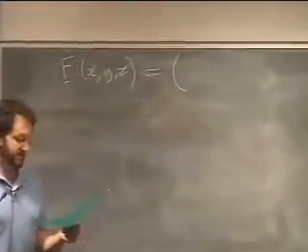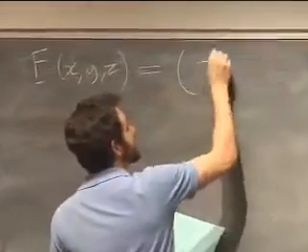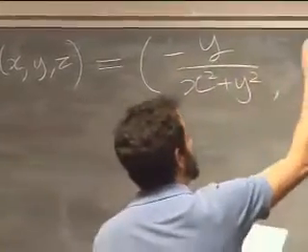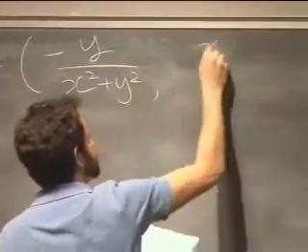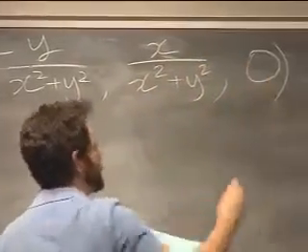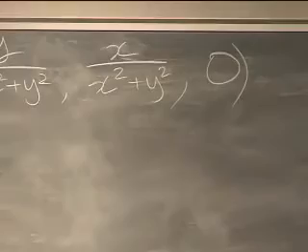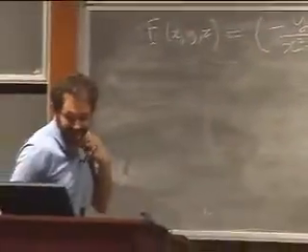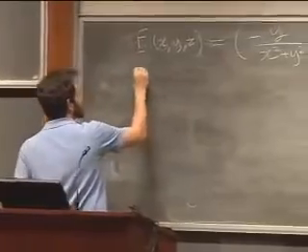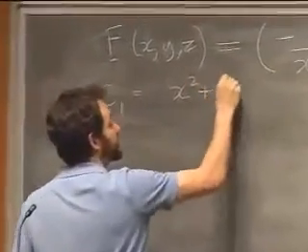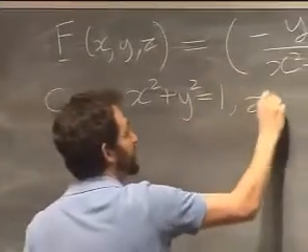F of x, y, z is given as minus y over x squared plus y squared, x over x squared plus y squared, comma 0. Okay, and so you have C1, the circle x squared plus y squared equals 1 and z equals 0.